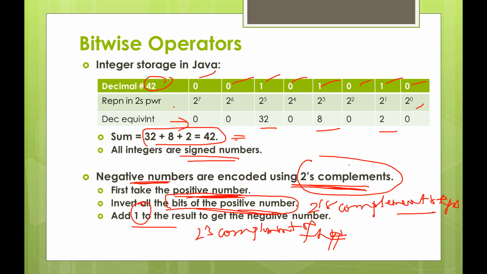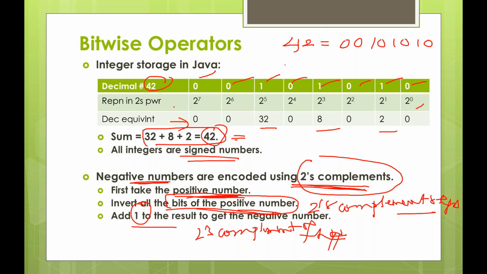So if I want the 2's complement of this number 42, what should I do? The value is 0 0 1 0 1 0 1 0. I have to invert all the bits.